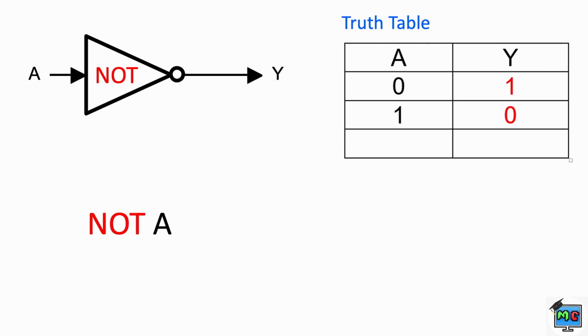You can simply replace that, take input A, and write a line on top of it to indicate NOT A. This line represents the NOT gate. So input A is going through the NOT gate, and the A with the line on top represents NOT.